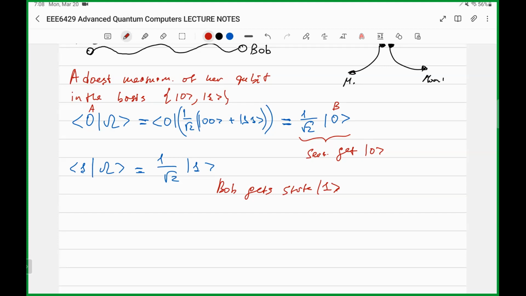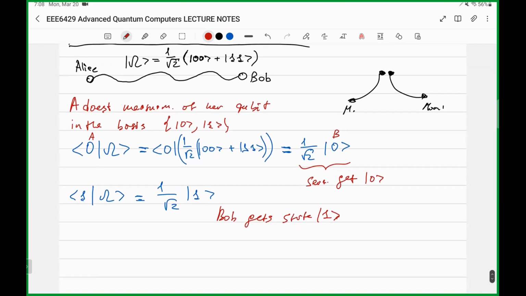Of course, there is some noise and some level of uncertainty, but theoretically, it is like this. So if Alice gets 1, she knows that Bob will get 1. If Alice gets 0, she knows that Bob will get 0 and not 1.